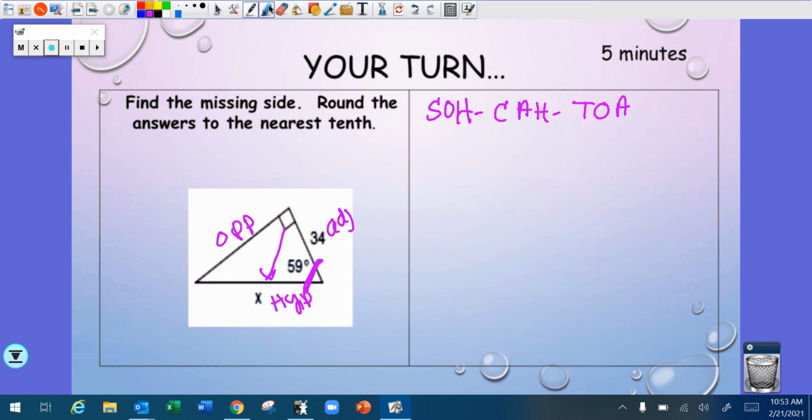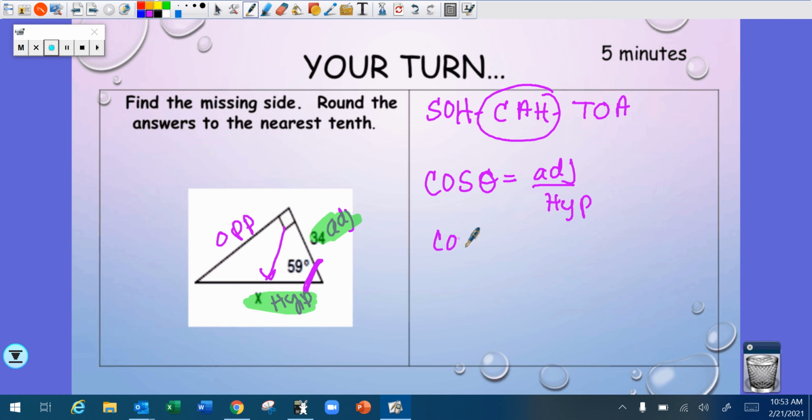So here I need to look at what they gave me and what I'm looking for. It looks like I'm going to use cosine again because it has both the adjacent and hypotenuse in it. So cosine of theta equals adjacent over hypotenuse. So cosine of 59 equals 34 over x.